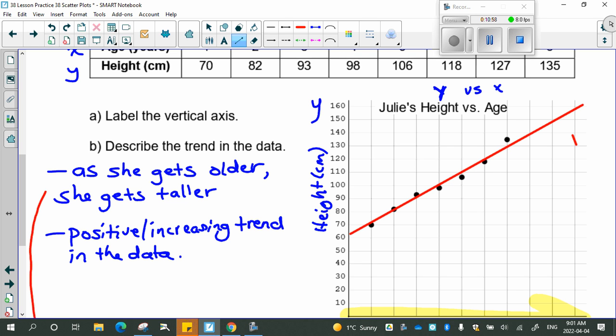So we don't just join the points, it's not like a weather graph or something, and you don't just redo it. You use your ruler, you knock about with it, and try to find your line of best fit. Okay? Got it. Everyone think they've caught on what the line of best fit should look like for this one?